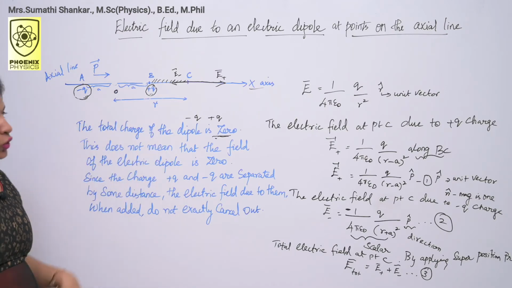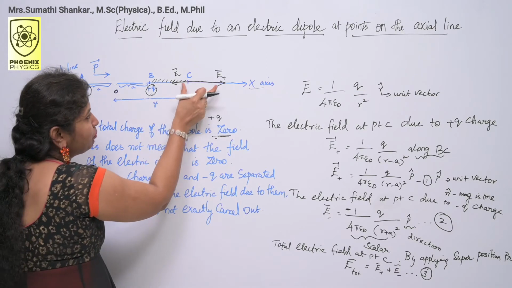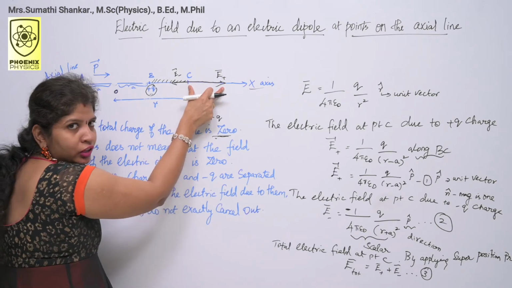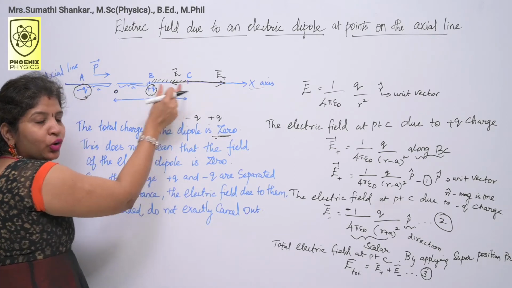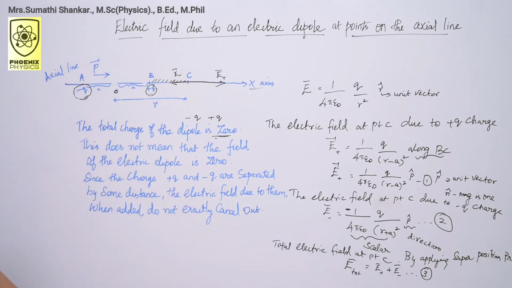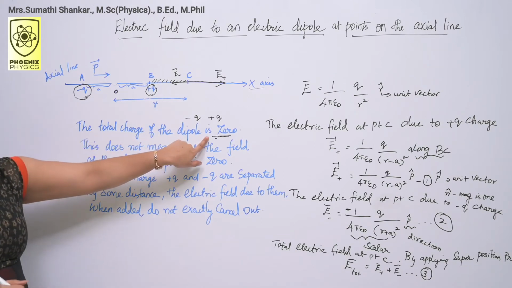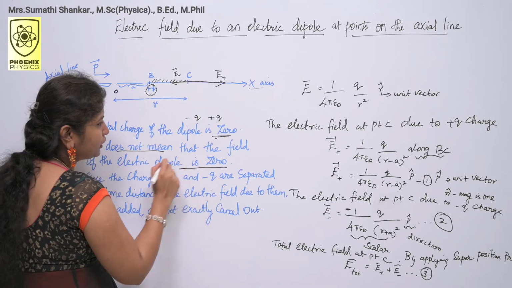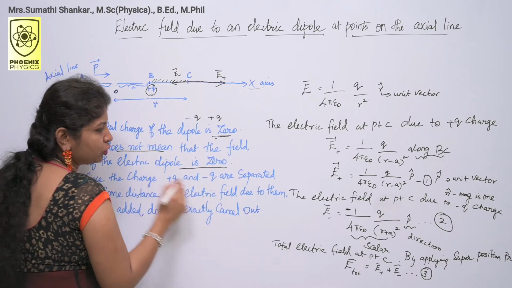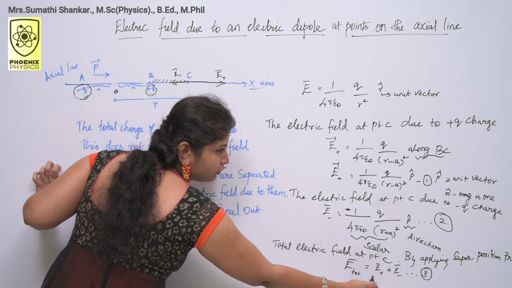Why? Look at the diagram. Here the magnitude of E plus is larger than the magnitude of E minus. So we cannot cancel the electric field. So the total charge of the dipole is 0. This does not mean that the field of the electric dipole is 0, because we are adding both the fields.